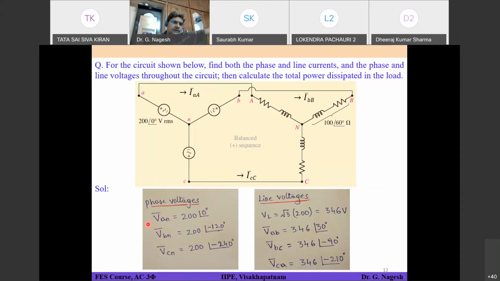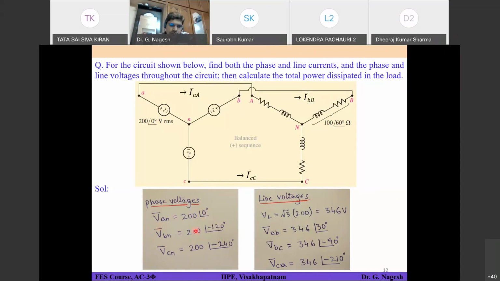This is the value you have, and you know VBN also. So if you want VAB, it is VAN minus VBN. Always, VAB, if you are calculating, it is A minus B with respect to N. That means VAN minus VBN.